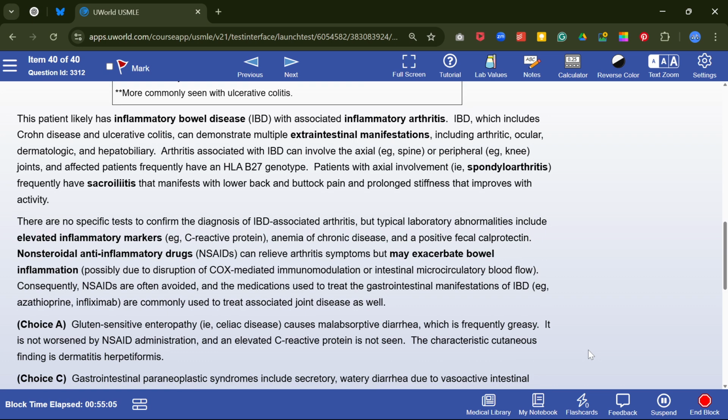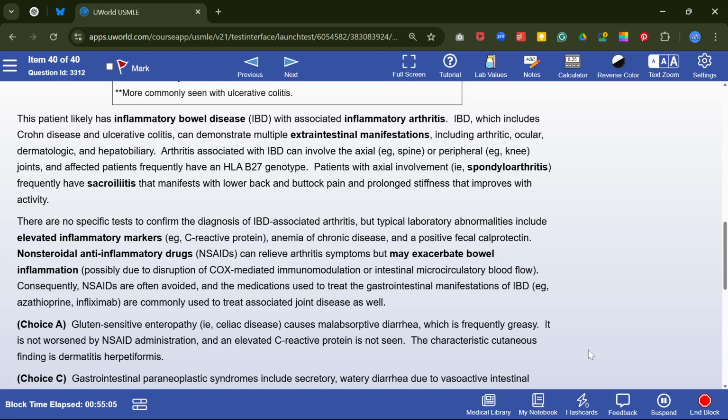There are no specific tests to confirm the diagnosis of IBD-associated arthritis, but typical lab abnormalities include elevated inflammatory markers, C-reactive protein, anemia of chronic disease, and positive fecal calprotectin.